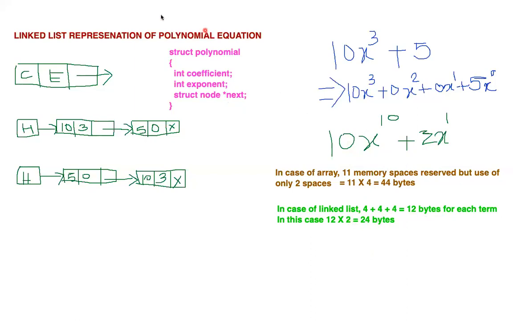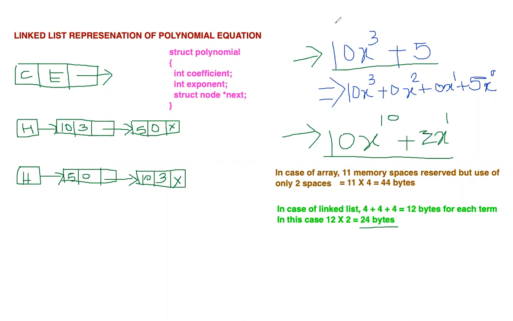So we see that in the case of a linked list, it does not matter what the exponent terms are. It depends on the number of terms present. In this case also there are two terms, so it will be 24 bytes.